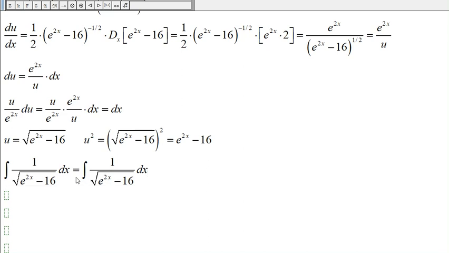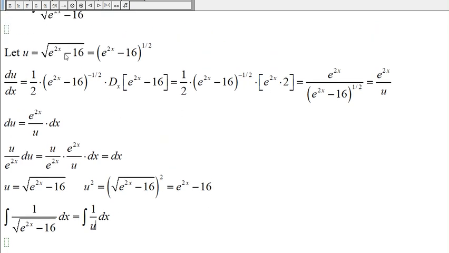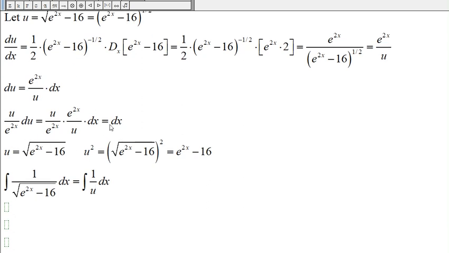So now this integral becomes 1 over u, since we called u the square root of e to the 2x minus 16, and then dx is u over e to the 2x times du. U divided by u is just 1, so we get 1 over e to the 2x.